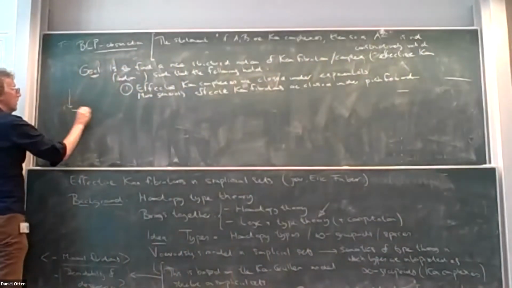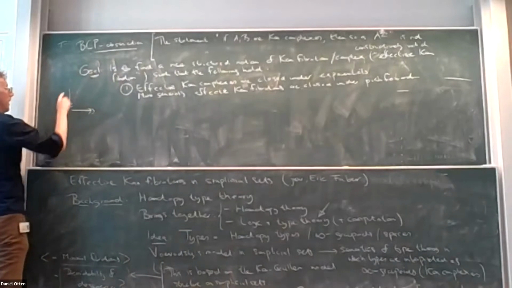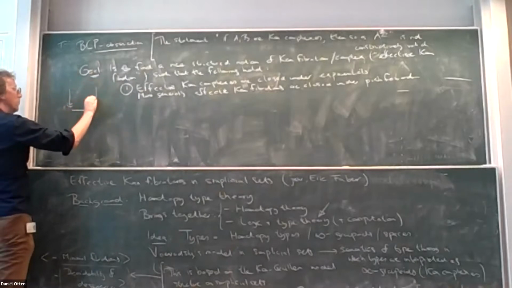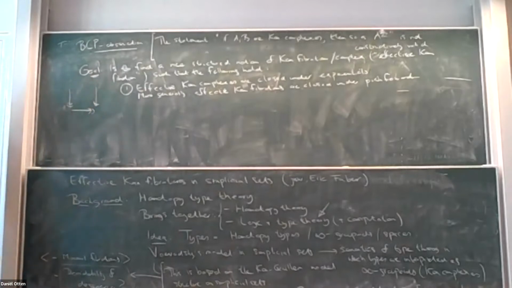That is a statement that if I have two configurations here, then I can take the push forward of this configuration from that configuration, that's the right adjoint to pullback, and I get another effective configuration here.